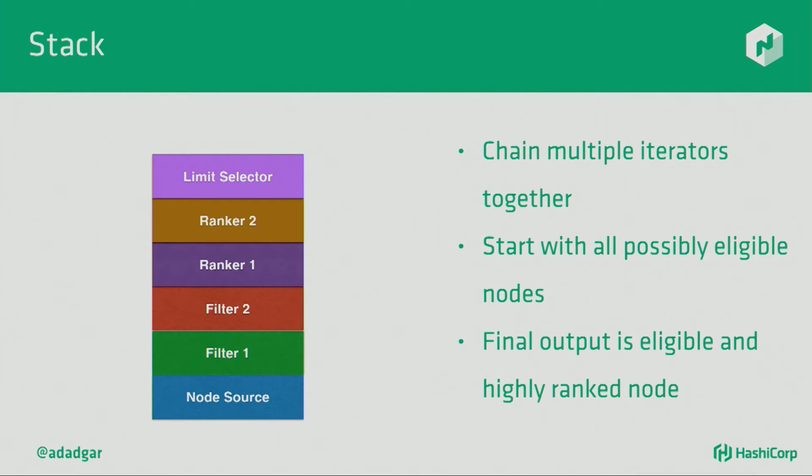So each element of the stack just has a simple method called next, one function. At the bottom of the stack, which is the iterator that feeds through all the rest of the stack, is a node source. And the scheduler calls select at the top of the stack. And the output is one highly ranked and eligible node in the cluster.